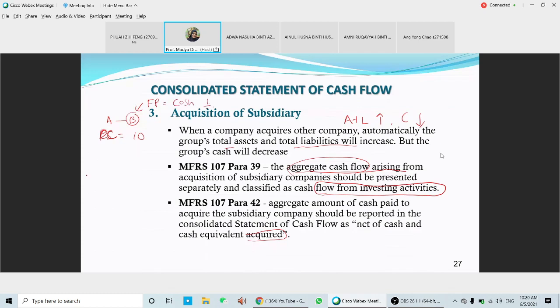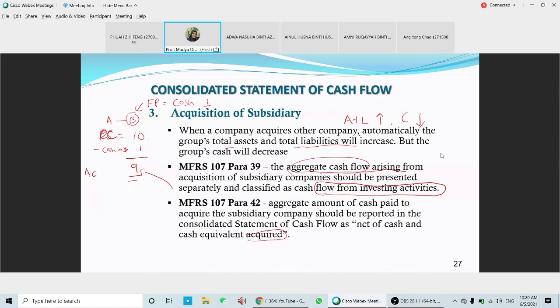So to find the aggregate cash, the purchase consideration should minus the cash in B, your subsidiary. Now your aggregate cash is 9,000. So when you report in the statement of cash flows under investing activity, the one that you report is only 9,000, not the 10,000, after you minus the cash available in that subsidiary.